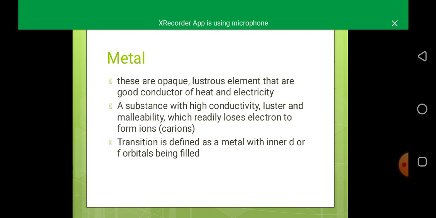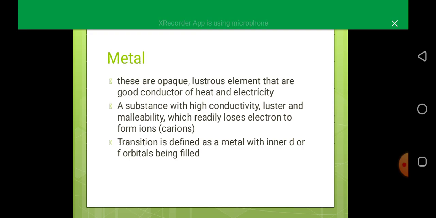So a transition metal is defined as a metal with the inner d orbital being filled. From SS2, you all know the electronic structure of elements, which is s, p, d, f orbitals. The s orbital contains only 2 electrons, while the p orbital contains 6 electrons, the d orbital contains 10 electrons, and the f orbital contains 14 electrons.